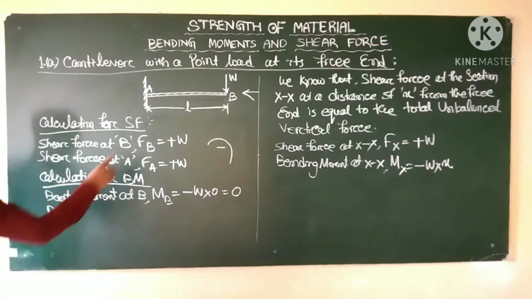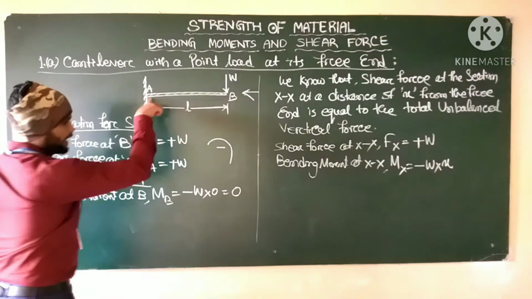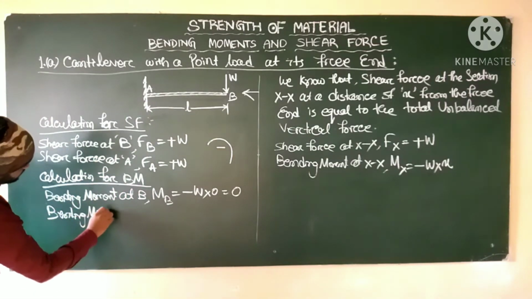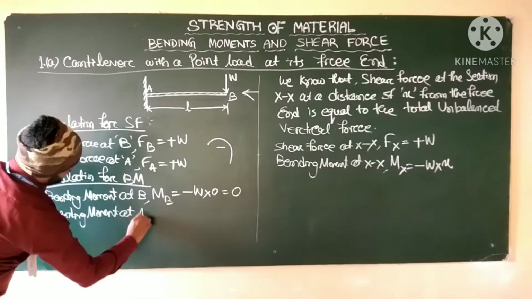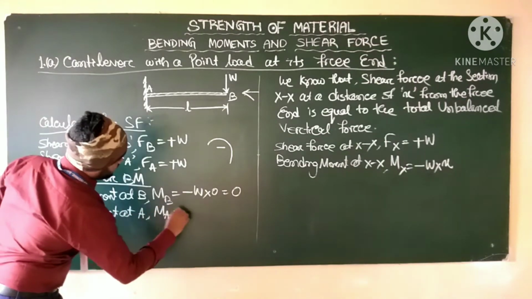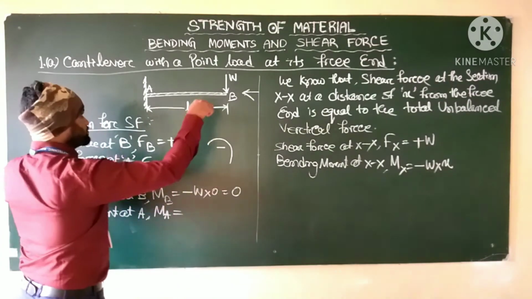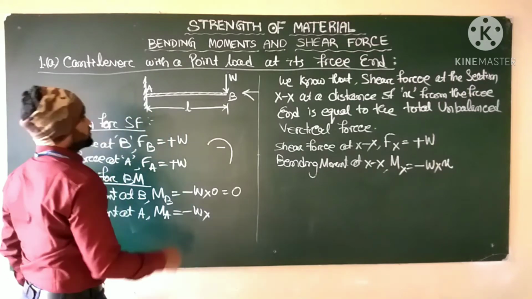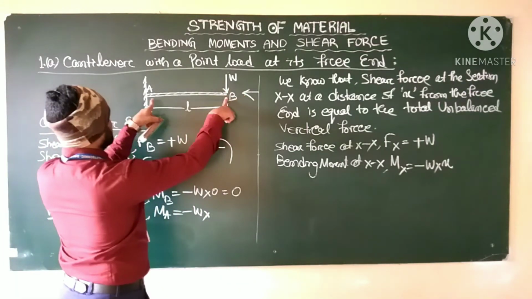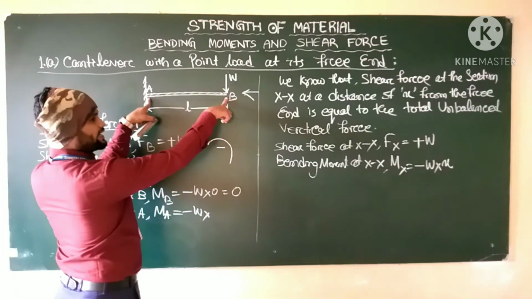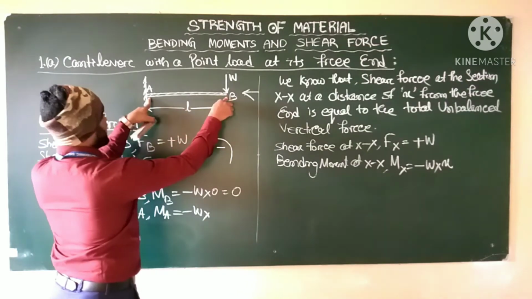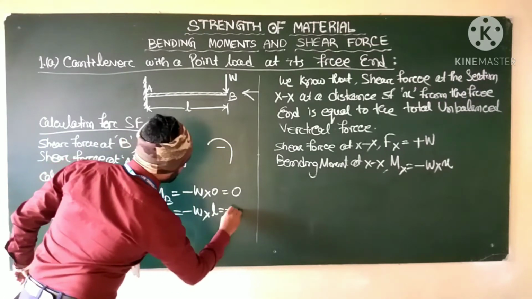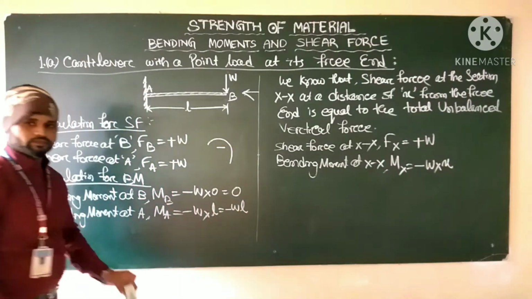Next, after point B, point A arises. So bending moment at A, MA, equal to, same sign, minus W into the distance. Now the load is at B and we calculate the moment at A, so from B to A the distance is small l. So W into small l equals minus WL.